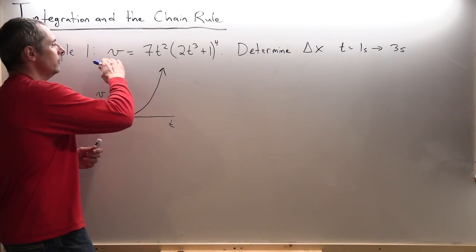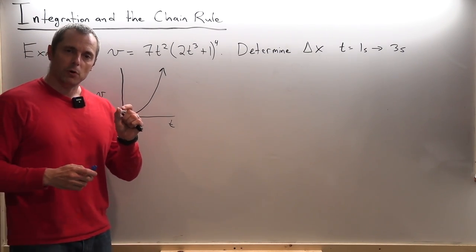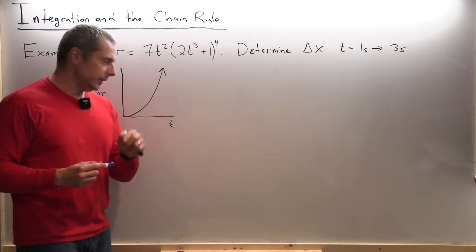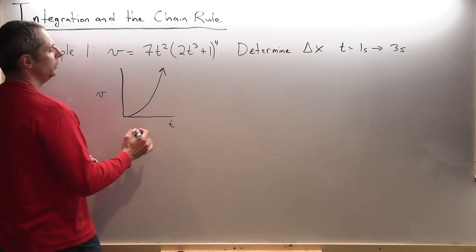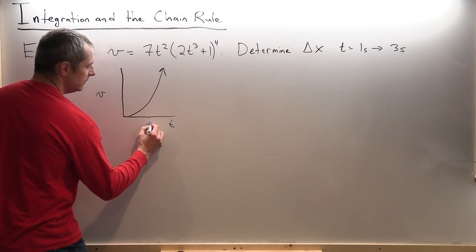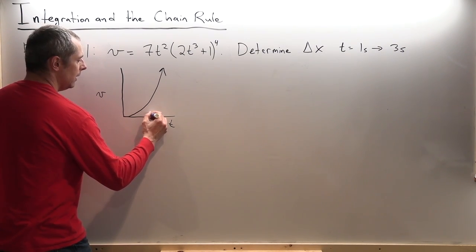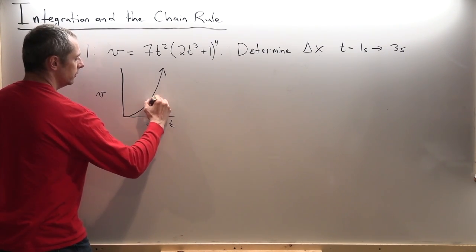The problem is if the velocity is changing, we have to pick a time over which that velocity is roughly constant. So like let's say a trillionth of a second, we've got a little tiny fragment of time here, dt. And for that fragment of time, we could say the object went a certain distance.